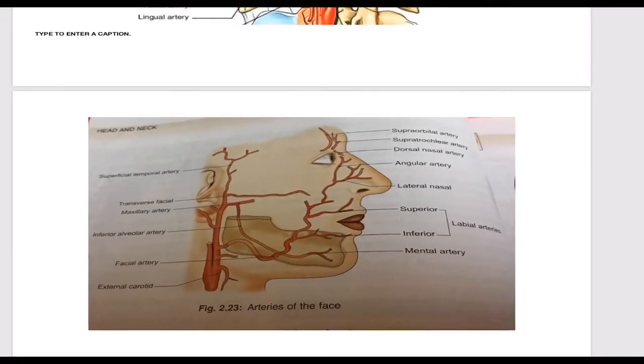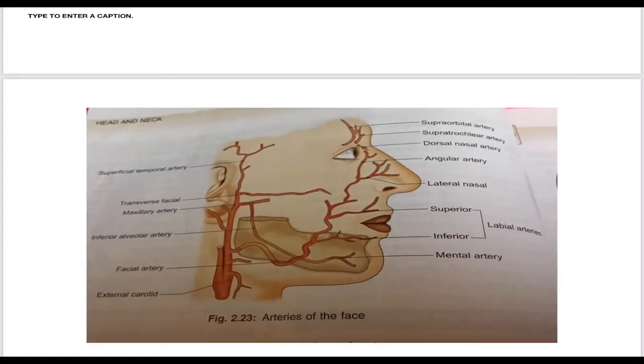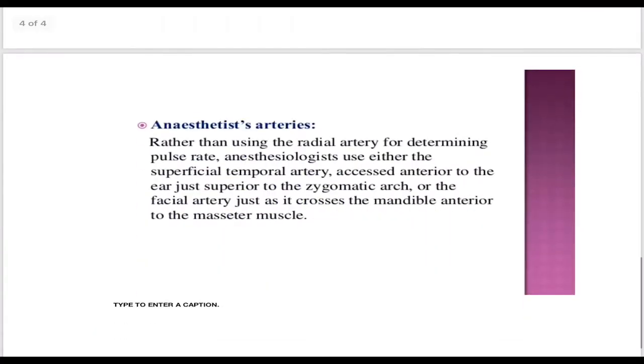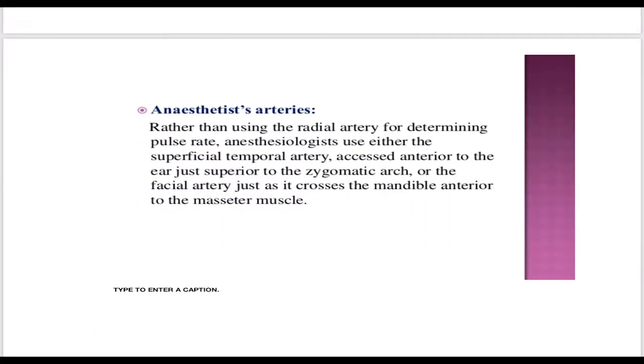Now that we have had an understanding of the branches of the facial artery, let me tell you a little bit about the clinical significance of it. Okay. Now the most important thing is that the facial artery on palpation is a very useful landmark for an anesthetist. So what happens here is that the anesthetist usually palpates the facial artery. And how does he do this?